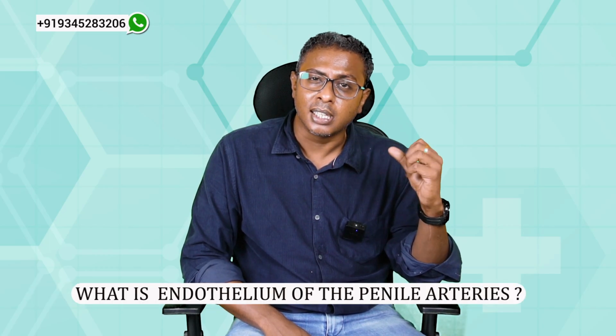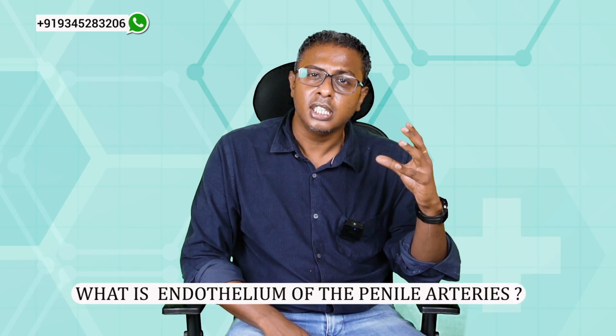The endothelium helps in the breakdown of ATP to AMP, which in turn increases the nitric oxide secretion, which we call eNOS, meaning endothelial nitric oxide.